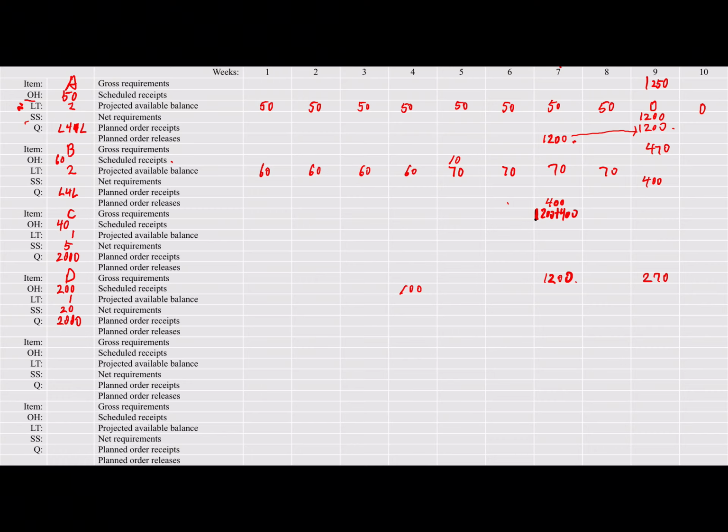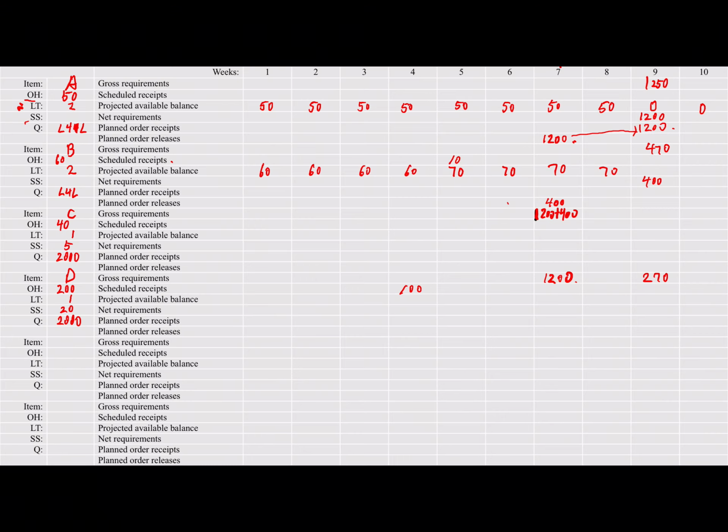All right. Because C is only directly related to B, it only triggers one requirement for C, which is 400. All right, we did this requirement part, and then let's go back to this B.